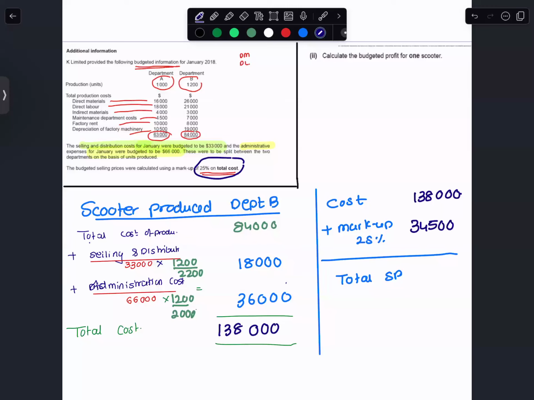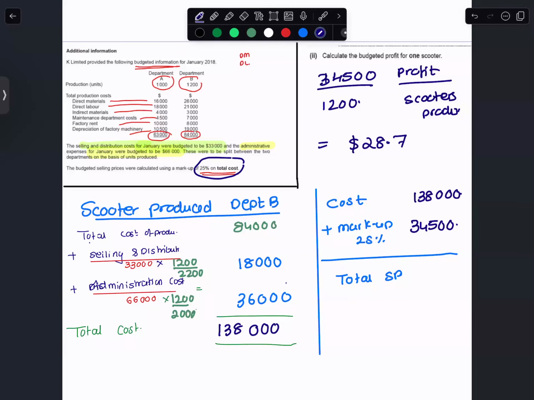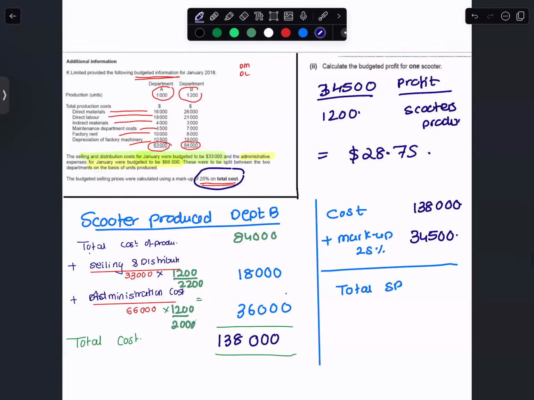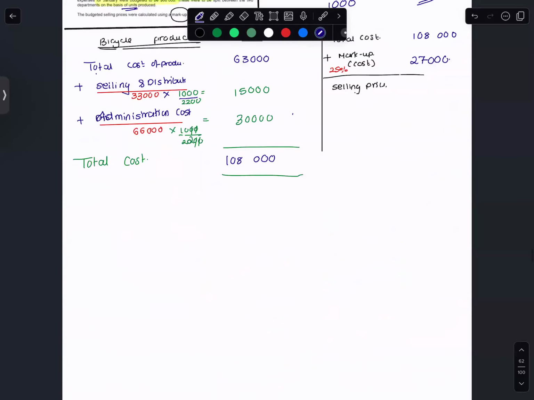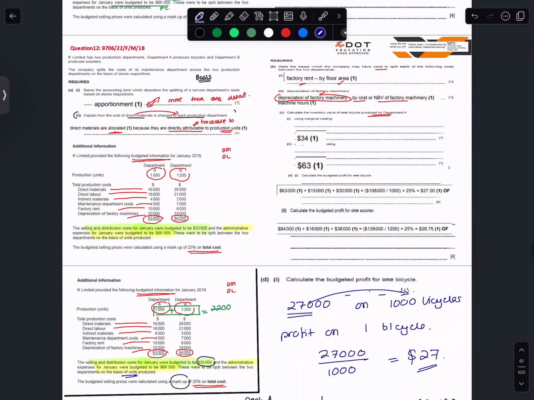So total profit for all the scooters is 34,500, divided by 1,200, which is the scooters produced. So profit on one scooter is 28.75. You got this?